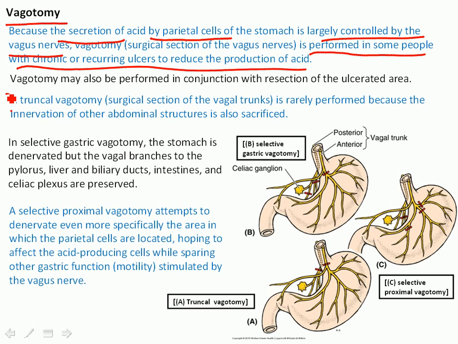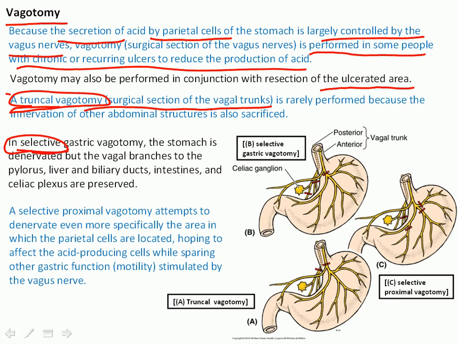Vagotomy may also be performed in conjunction with resection of the ulcerated area, and there are several approaches for vagotomy. There's a truncal vagotomy, and there is a selective gastric vagotomy. Truncal vagotomy is not such a good thing. Why?